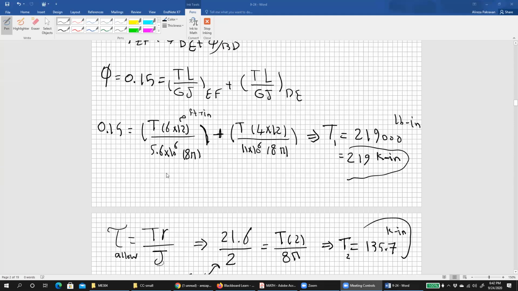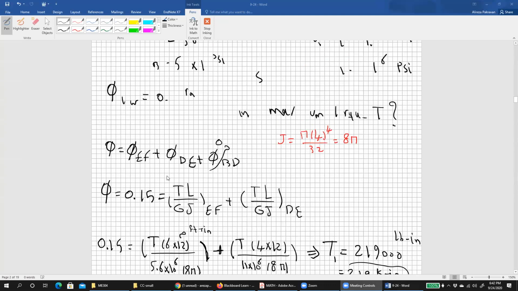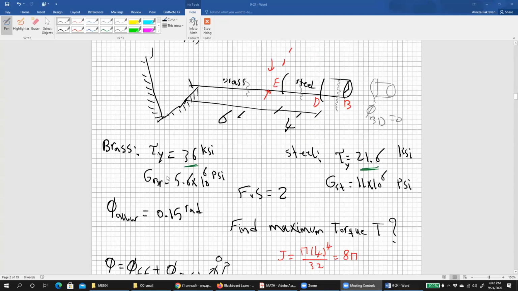Okay, yeah, that makes sense. Thank you. Just read the statement carefully here. The given data here, tau y is given, phi allowable is given. So since we have these two cases, we should use the two formulas. Tau equals TR over J, this is one criteria.